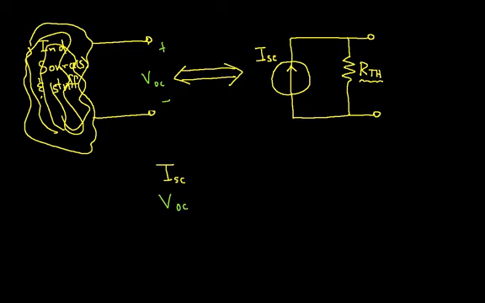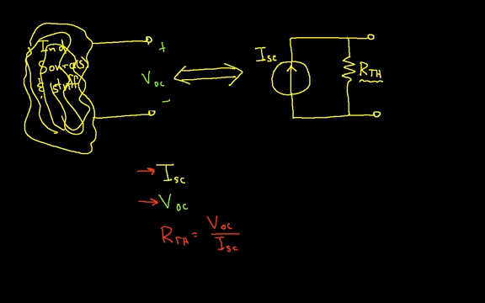And then you find the Thevenin equivalent resistance as VOC over ISC. And again, I'm not going to spend a lot of time on how one finds these. That's covered fairly completely in the Thevenin equivalent circuit videos that I've already made.